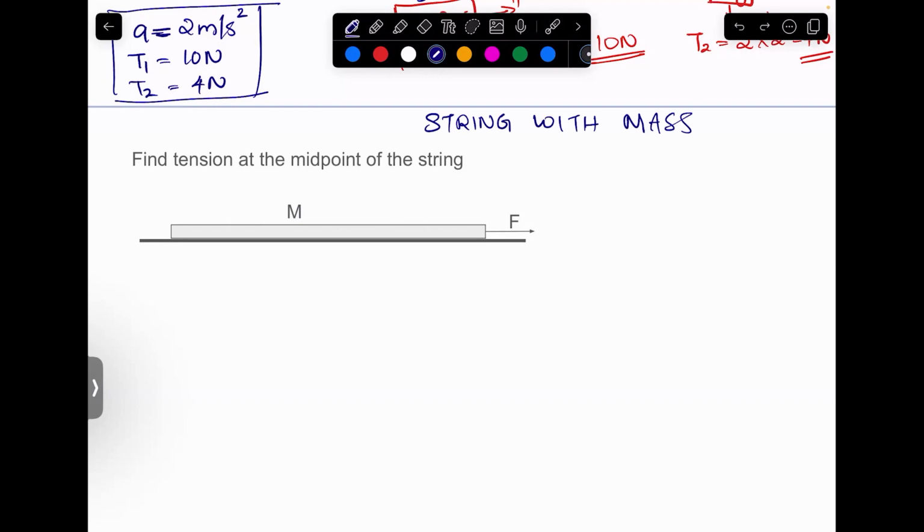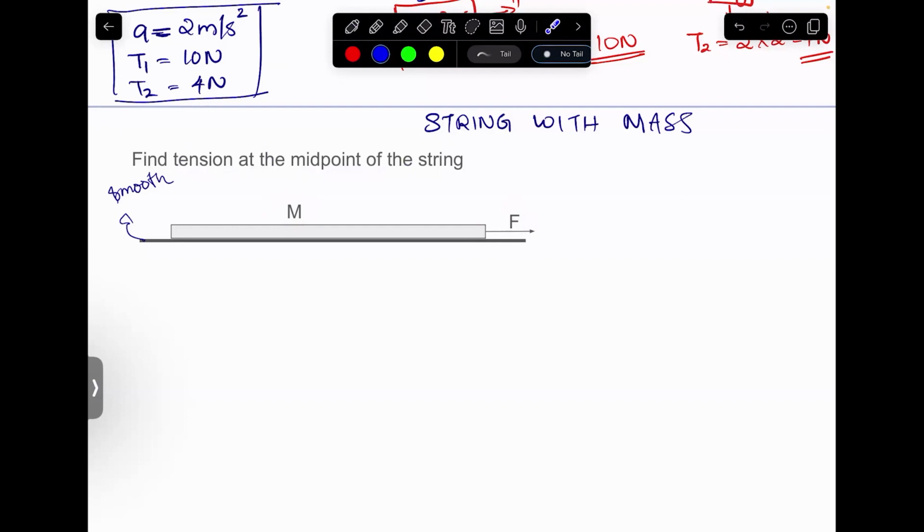So a string is lying on a smooth surface. This is a smooth surface, and it is being pulled to the right with a force F. So this is the mass of the string. Now you want to find the tension at the midpoint of the string.